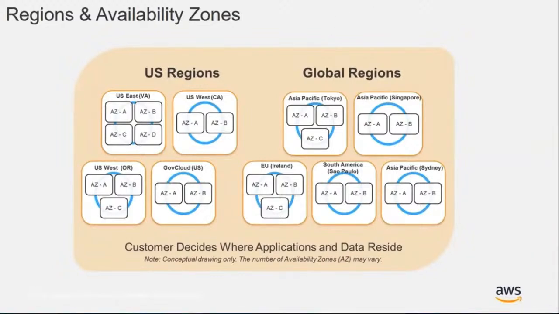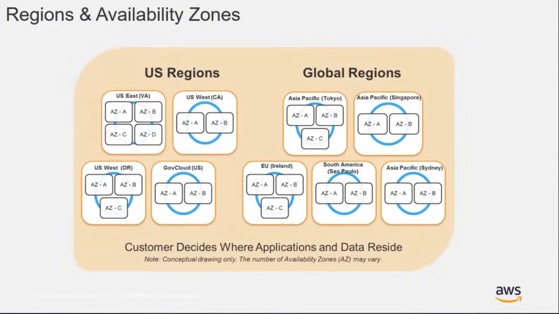Always remember that all the availability zones are relatively close to each other geographically, yet they are kept isolated from each other. Unlike availability zones, regions are completely independent from each other.